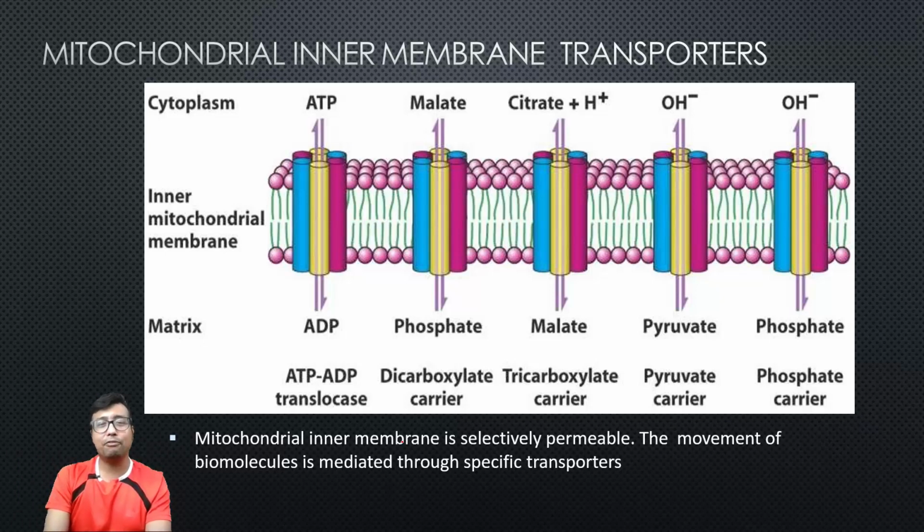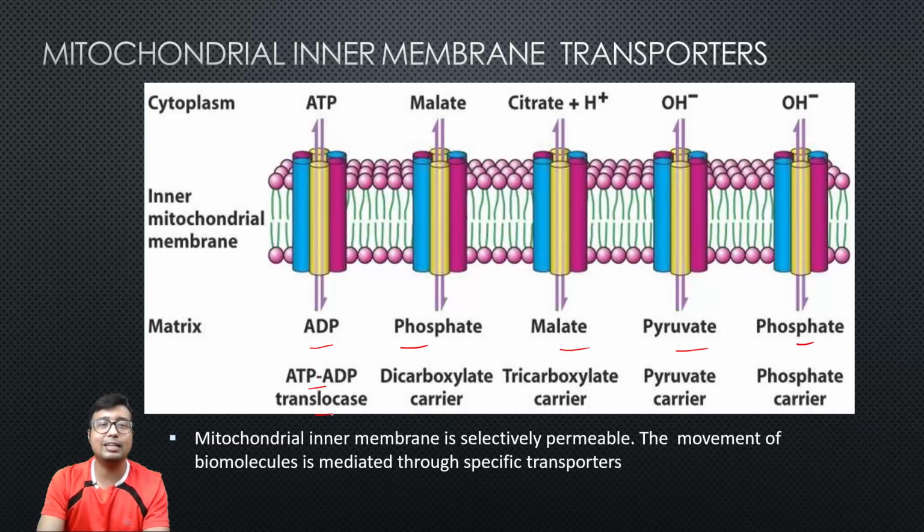So if you choose to remember, fine. If you want to forget, fine. But just see over here. What are the compounds that can go via the mitochondrial membrane? ADP, phosphate, malate, pyruvate, these all can actually pass through with the help of these carriers.